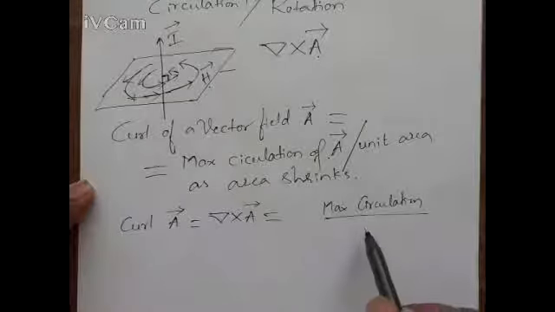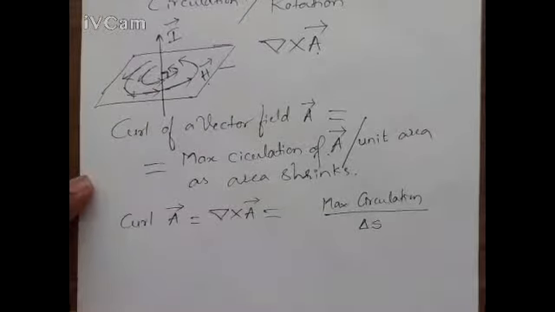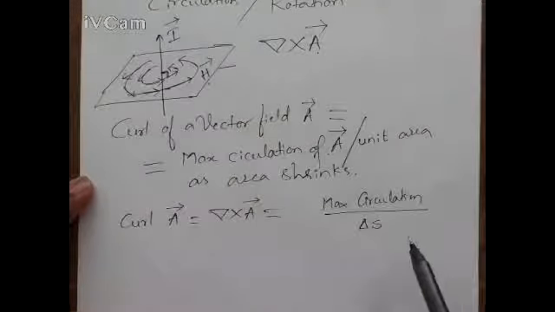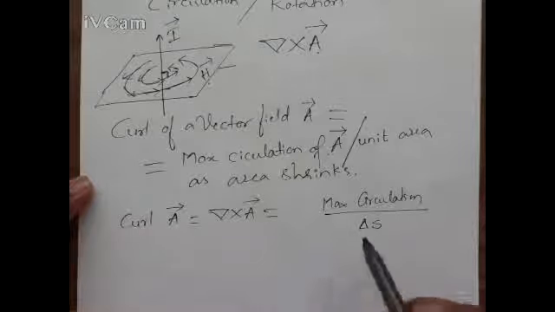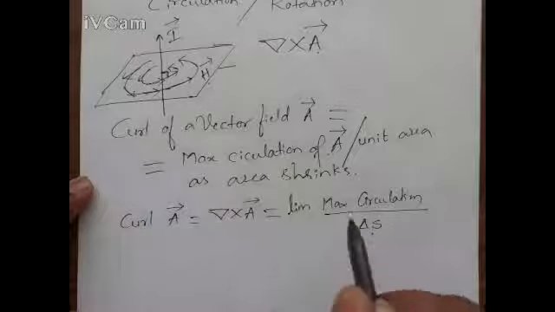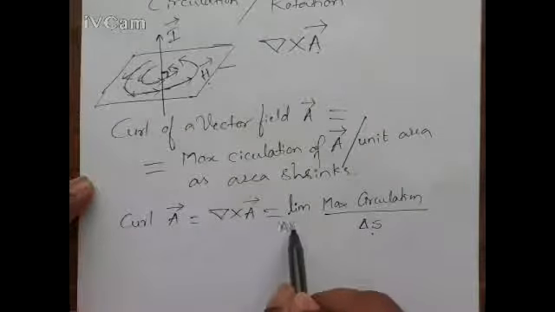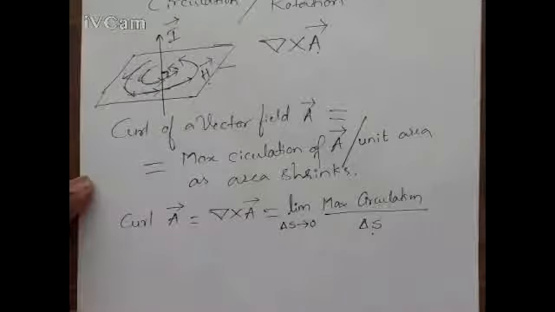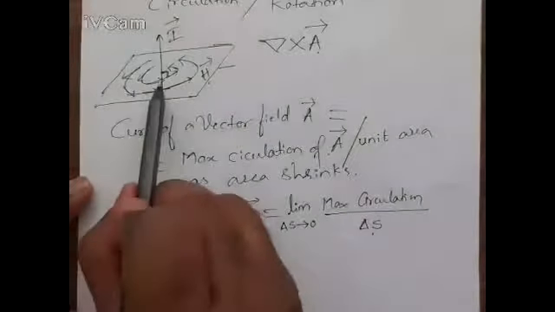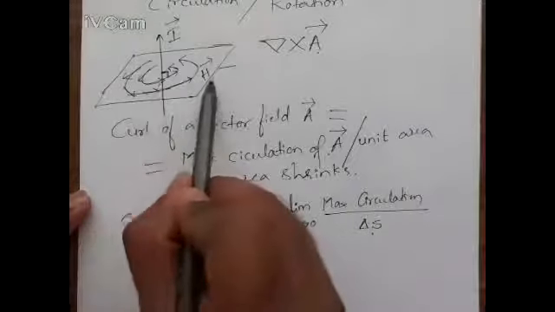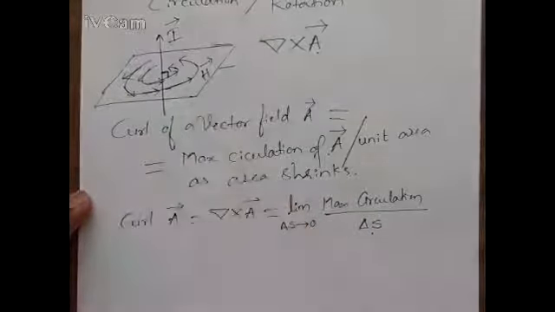The unit area we should take as delta S. As this area is shrinking, we should apply the limit as delta S tends to 0. This is the definition of the curl in mathematics.